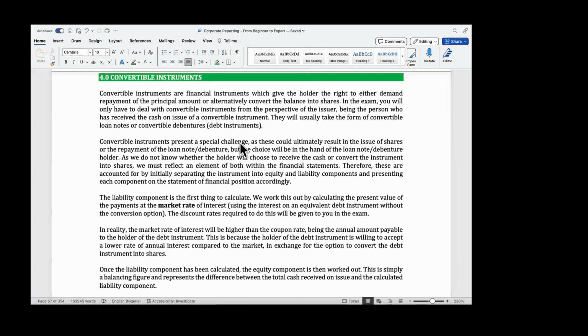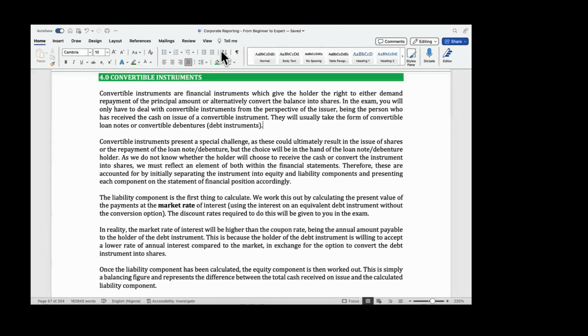So we're going to rely on the definition of equity from the conceptual framework to do this separation. The conceptual framework says that equity is a residual interest in the assets of an entity after deducting all its liabilities.